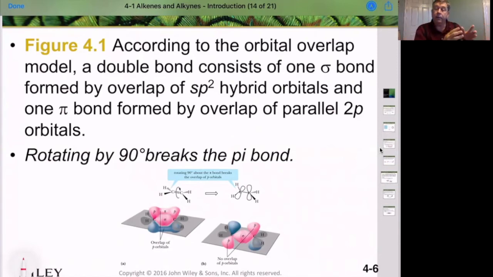Alkanes are sp3 hybridized and have free rotation around the bond. But because we have those p orbitals overlapping to make the pi bond, we no longer have free rotation. So our trigonal planar structure is flat and does not rotate over a double bond.